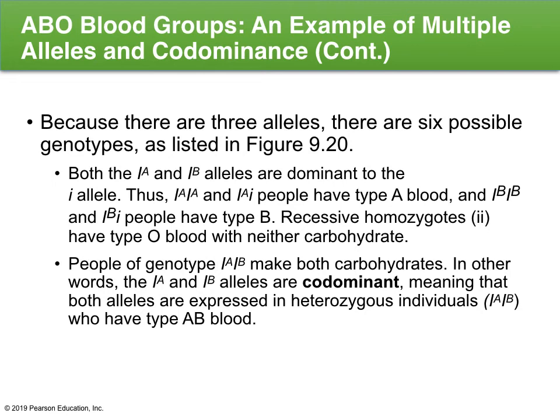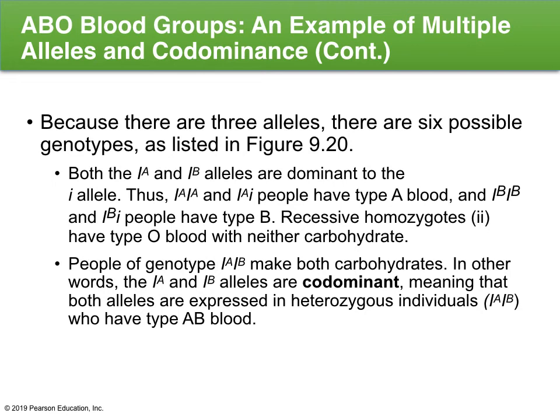If you have 2 copies of the recessive, so recessive homozygotes have type O blood because O, like 0, neither carbohydrate marker on the surface. Now, the last one gets a little funkier because now we have, what, 2 types of dominant alleles.